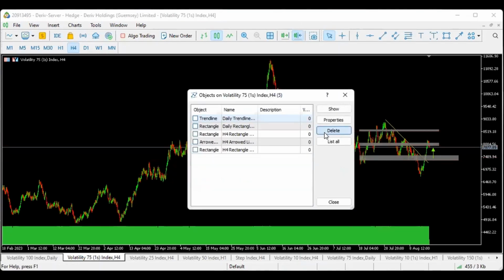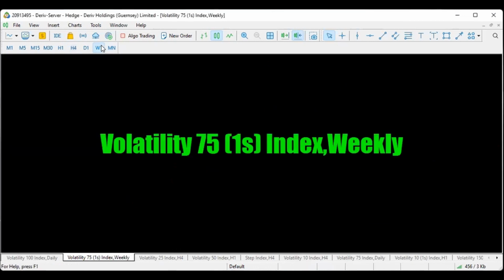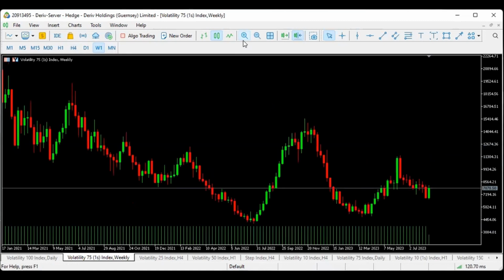75.1S. Yes. Now on this one, let's check on the weekly where we are first before we narrow down to the lower time frames so that we can have an overview. Now on the weekly, the candle basically has been buying.